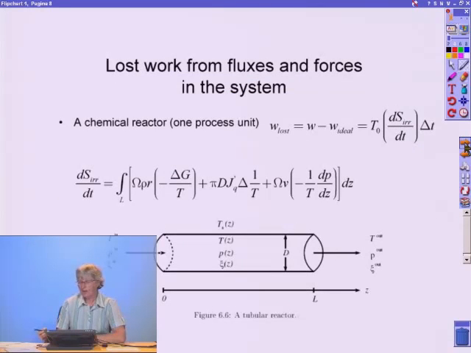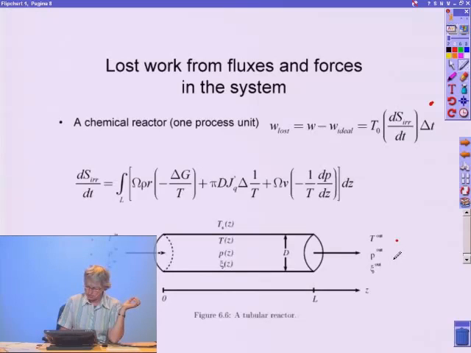So here is again the same expression for the lost work that we had in the previous slide. So if I now know that in a chemical reactor I have certain boundary conditions, I have temperature, pressure and composition in, then I will have some different temperature, pressure and composition out.